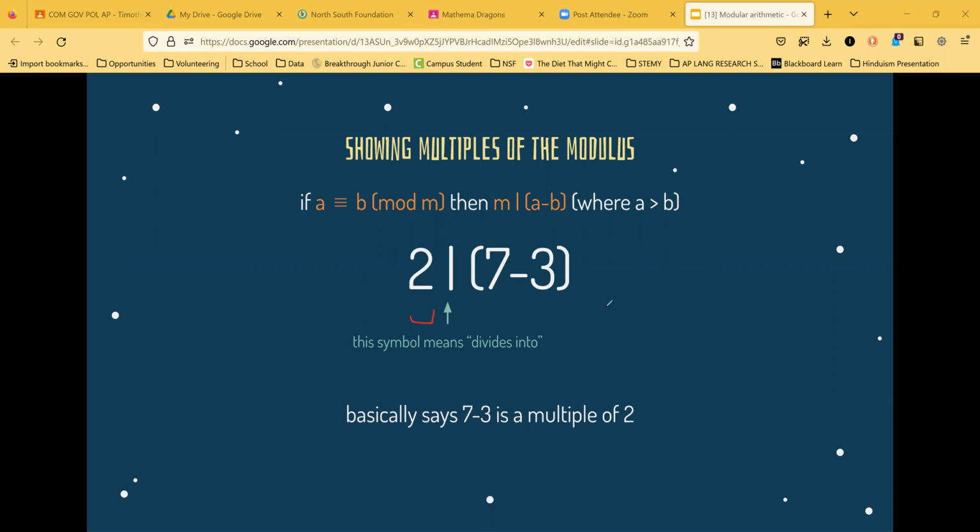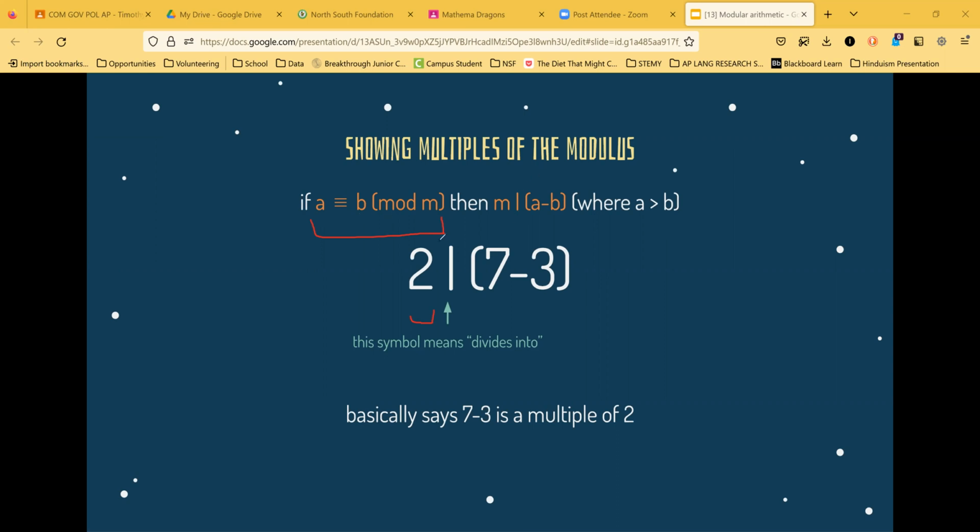We know from the previous slide that 7 mod 2 is equal to 3 mod 2. But even if we didn't have the previous slide, we know that that is true. So we know that 7 is congruent to 3 mod 2.